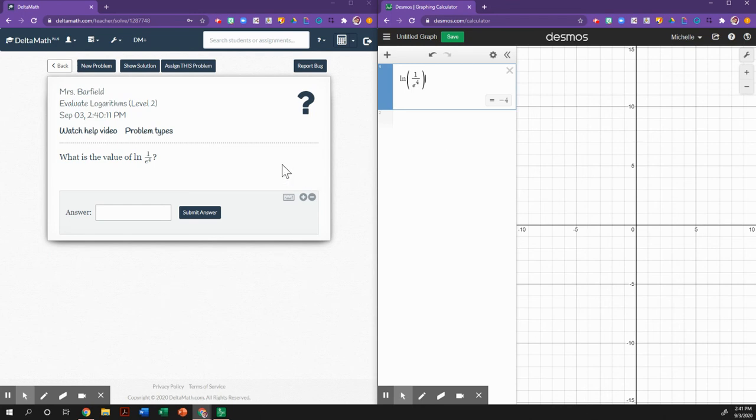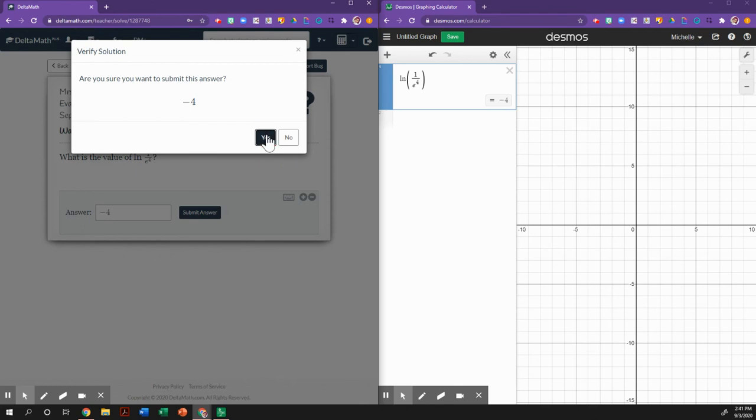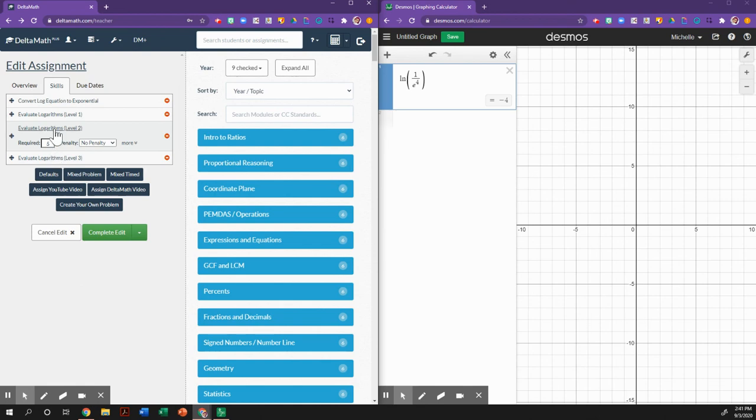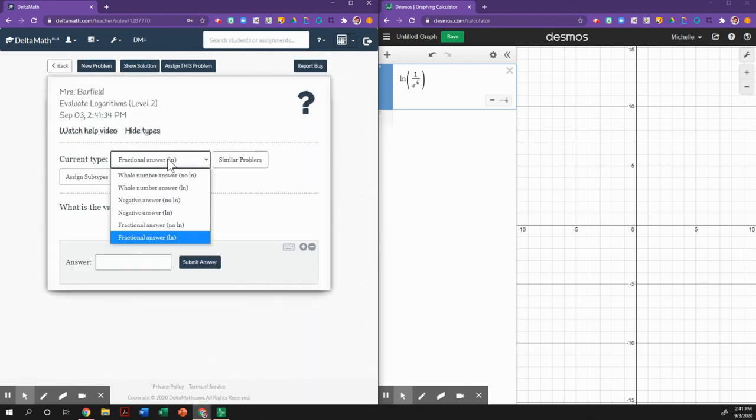For ln, it took me a minute. I was like, wait a minute. You can just type that one right in. You don't have to use the change of base because of the way ln works. So -4, submit my answer. Yes. So I'm glad I thought about that. So when it's ln, just type it in and the calculator will take care of the change of base for you. All right, level 2, make sure there's not any other in here that are funky.